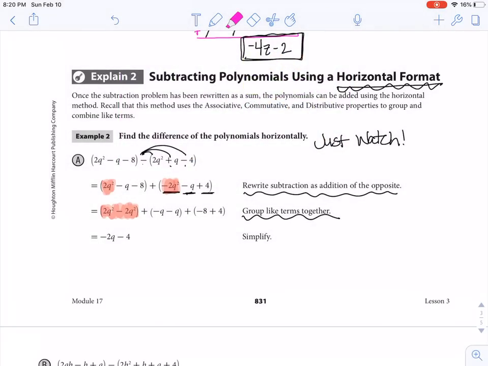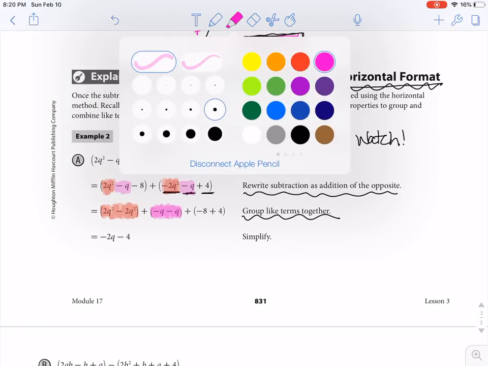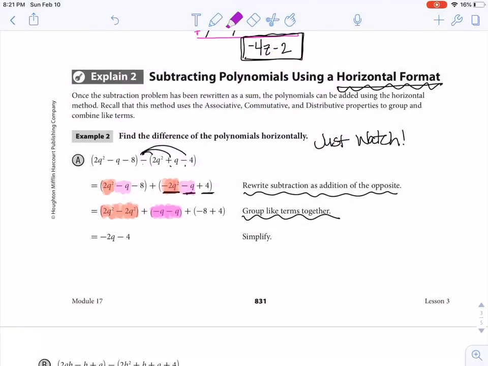And then we're going to continue to group like terms, and I'm going to have a negative q and a negative q, which is where we get this group right here. And I'm going to go one step further because I have one more like term, and I have a negative 8 plus 4. And so that's where I get my final grouping per se.